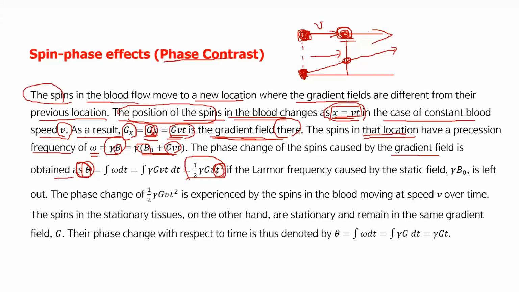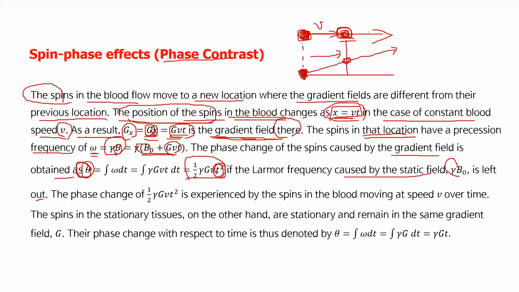If the Larmor frequency caused by the static field, gamma B0, is left out, we don't have to consider this Larmor frequency due to the static field, because every tissue feels the same static field, so we can omit that in our discussion.